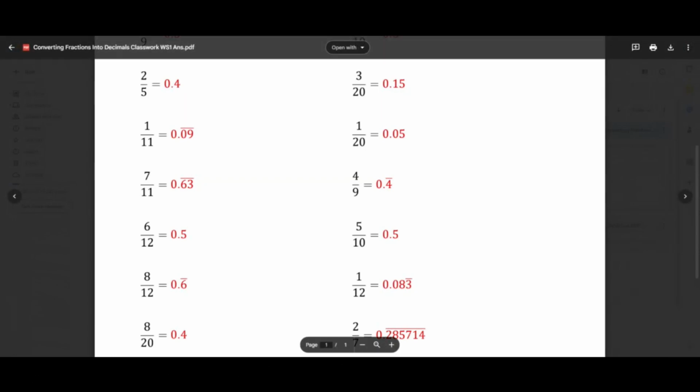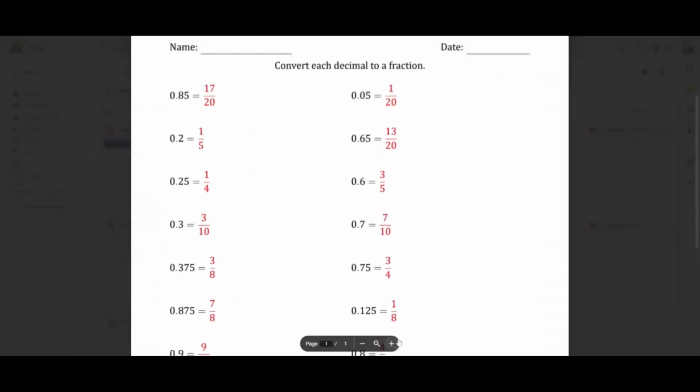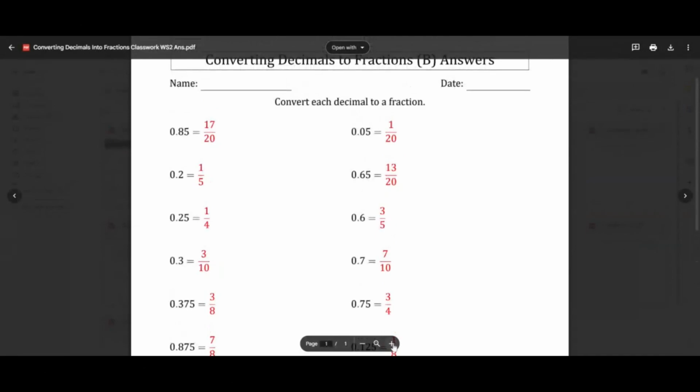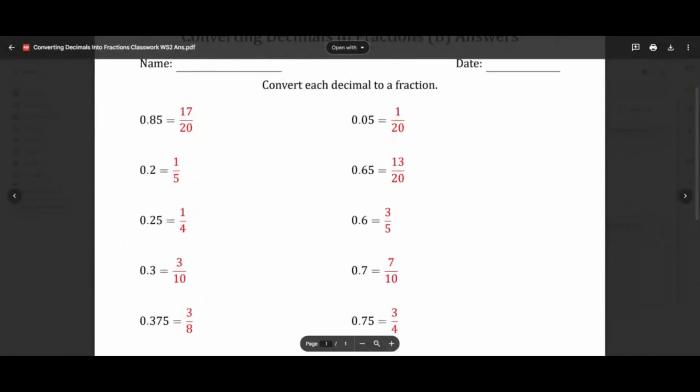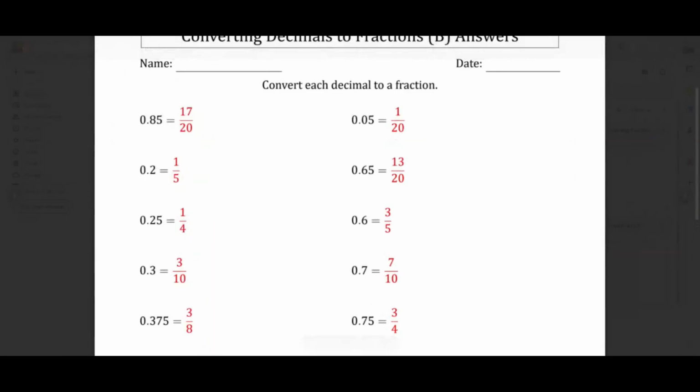All right, let me get you the fraction sheet. All right, here's the decimals to fractions, and their reduced form.